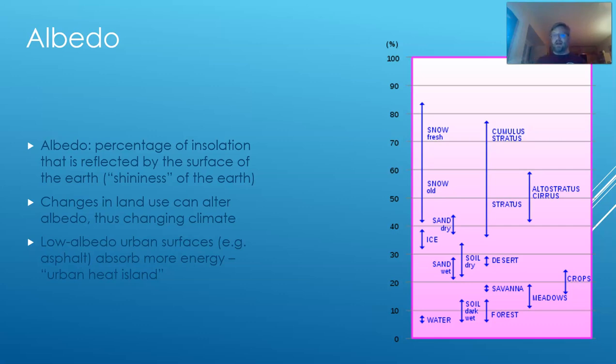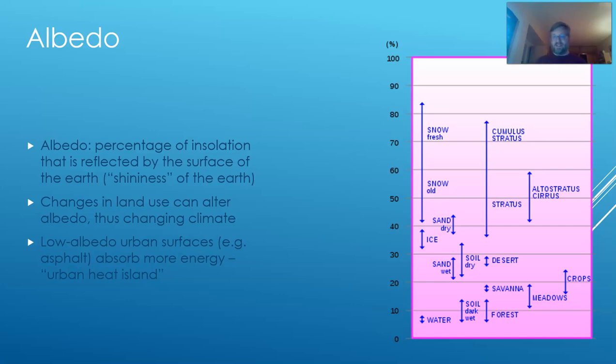If we were to cut down a forest and replace that with crops, right? Make a farm in that location, or you can see savanna and meadows there also having higher albedos than a forest. So if we turned our forest into like grazing land for cattle, for example, right? These are very common large-scale land surface changes that people carry out, right?